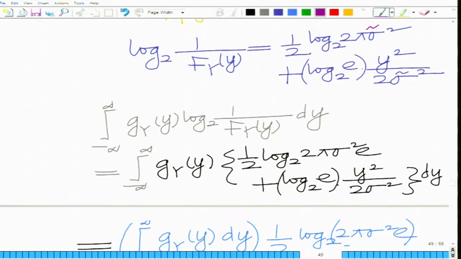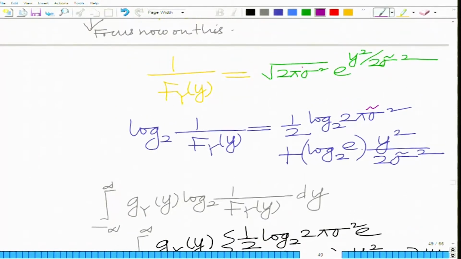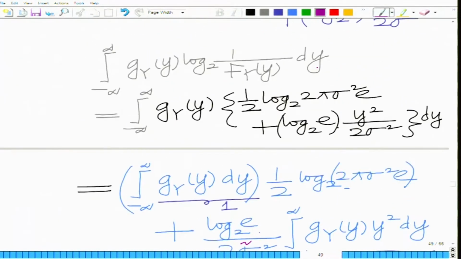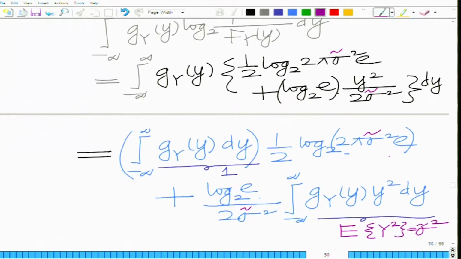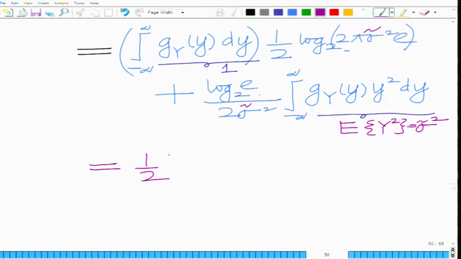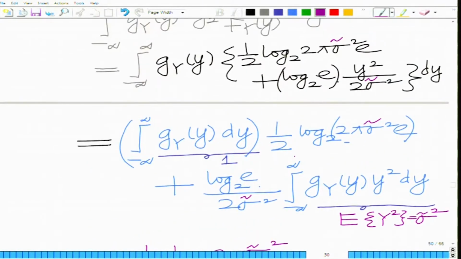So, this is also sigma tilde square, and therefore what we have is half log to the base 2 of 2 pi sigma tilde square, not e.